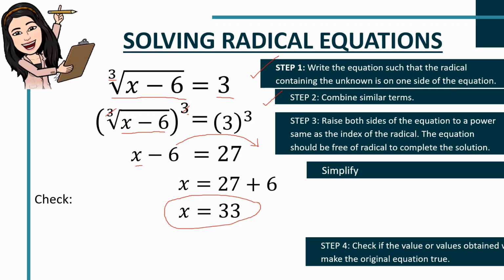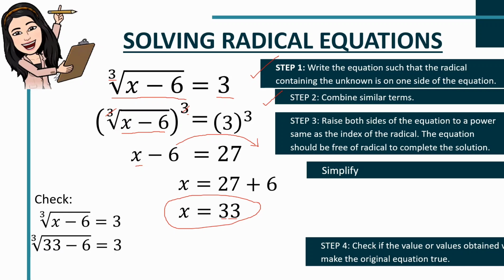For the last step, we will check if the value obtained will make the original equation true. So let us go back to our original equation, which is cube root of x minus 6 is equal to 3. So again, just like what we did dun sa ating first example, we will substitute yung value ni x, which is 33.